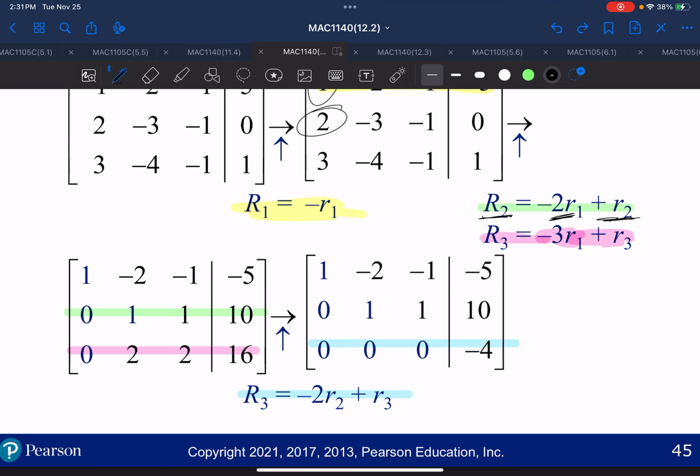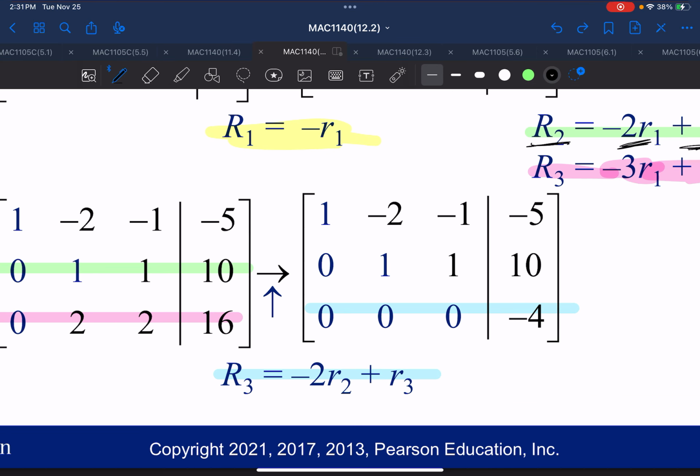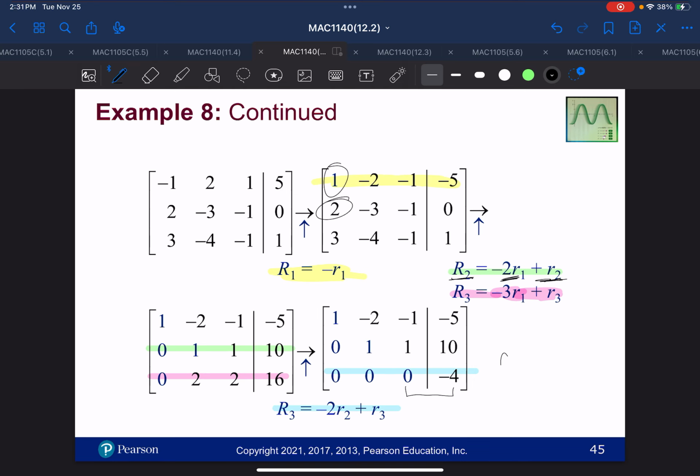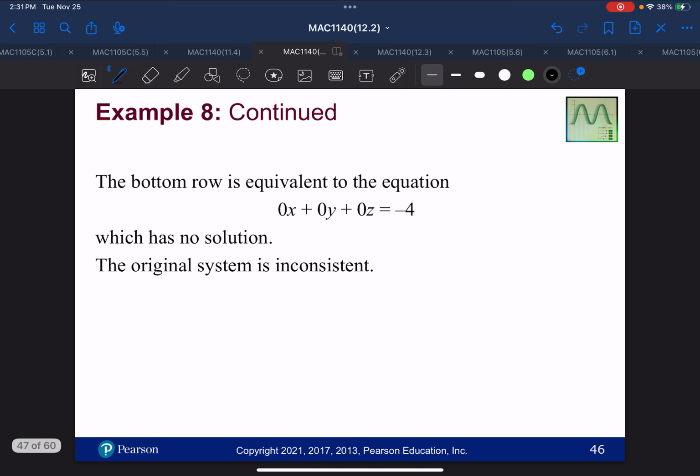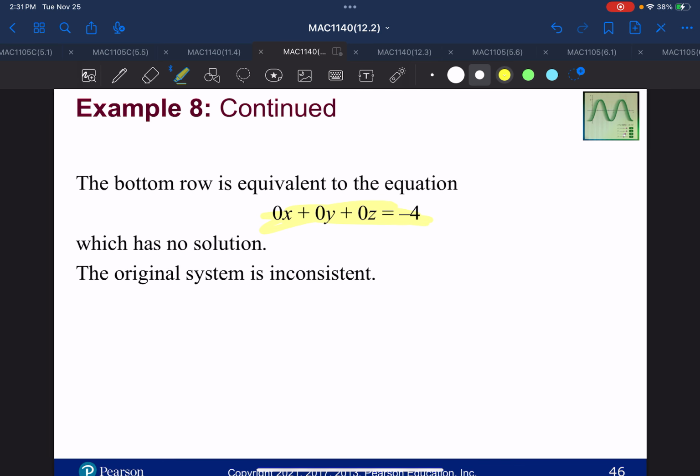But from right here, you can see that this says that 0 is equal to -4, right? This would be 0 times z is equal to -4. Or even more precisely, it would be 0x plus 0y plus 0z is equal to -4. But this is impossible. 0 can't equal -4, so this is false.